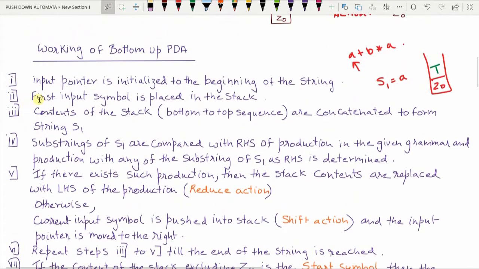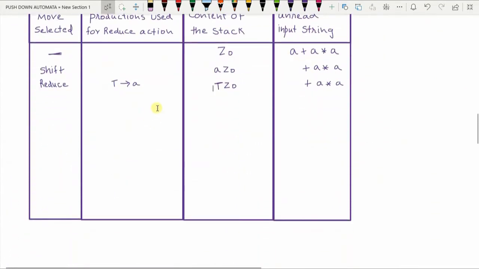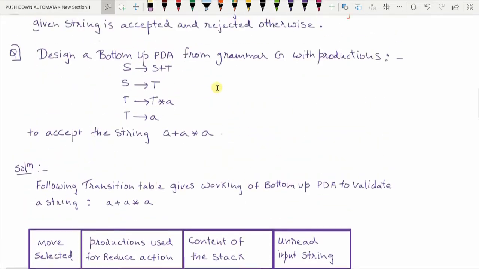Next it says, repeat steps 3 to 5 till the end of the string is reached. So again we check the content of the stack from bottom to top. What is the content of the stack now? Capital T. Now find out, is capital T the right hand side of any production?